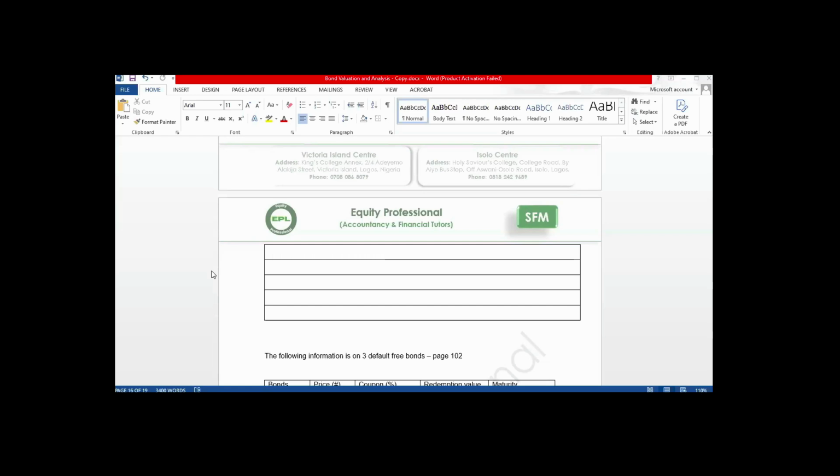The first question we solved, that should be 2 weeks ago, we were given the spot rates, government spot rates, so we don't need to calculate.